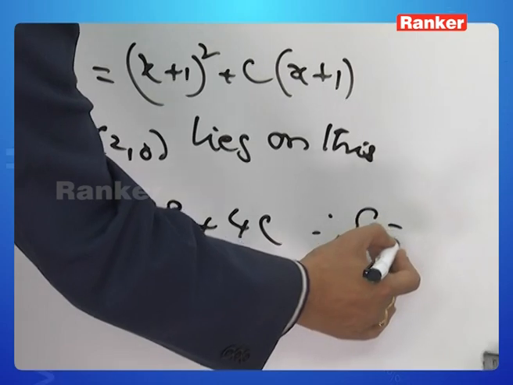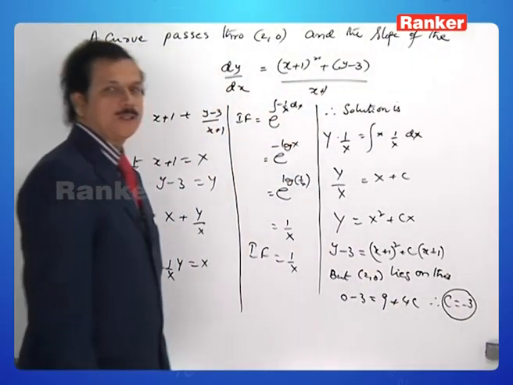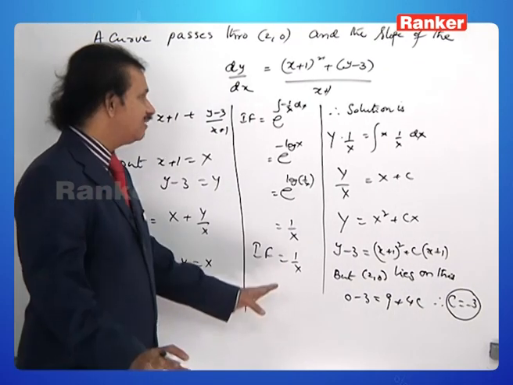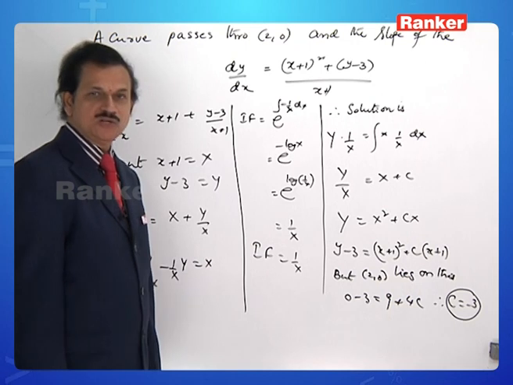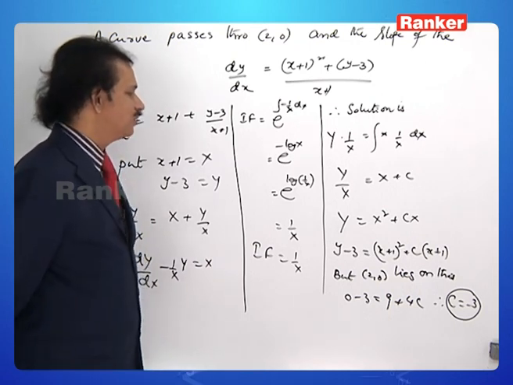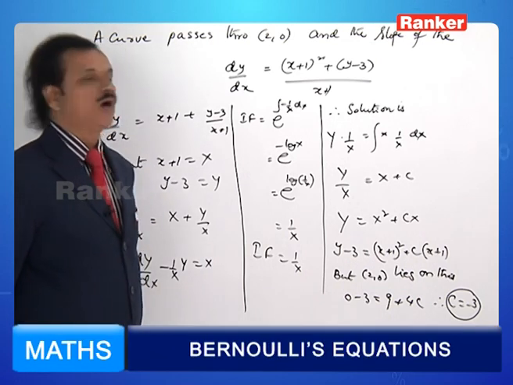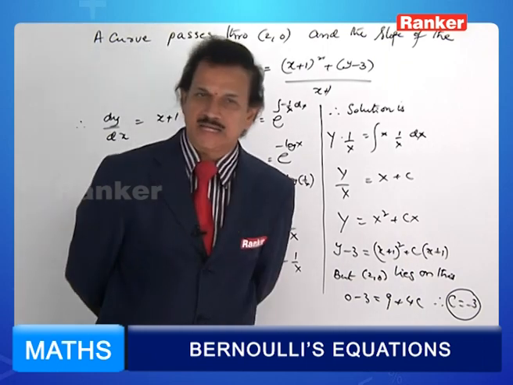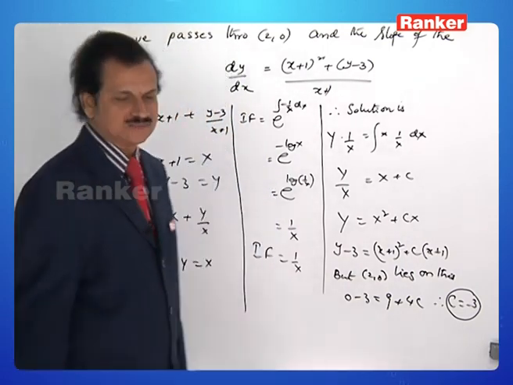Therefore, c is equal to minus 3. One particular aspect is completed. We could have got the solution completely. What is the solution? y minus 3 is equal to (x plus 1) whole square minus 3 into (x plus 1). The only thing that has remained here is to find the area bounded by the curve and x-axis.